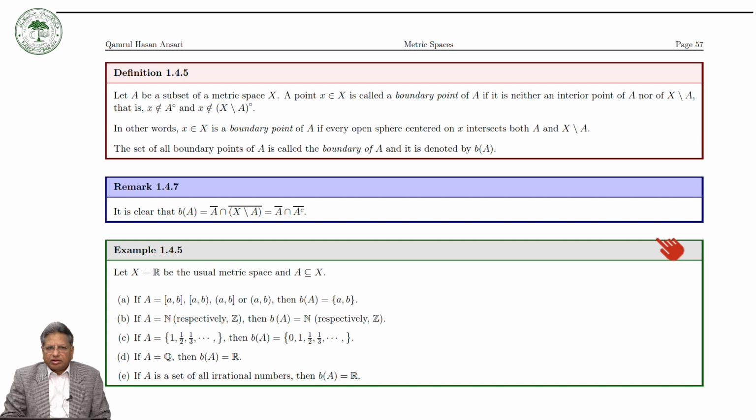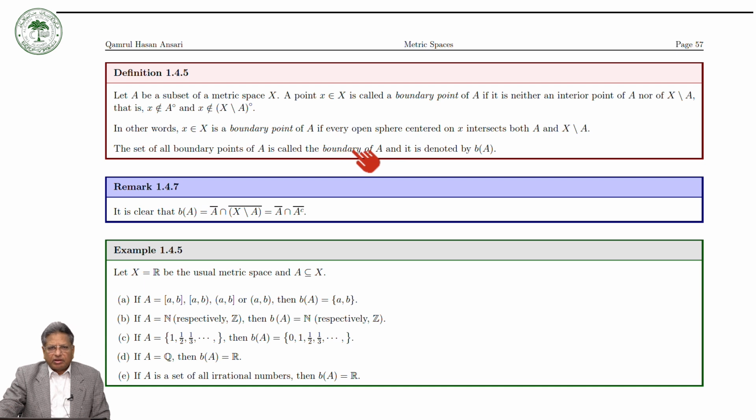So, again, I am repeating the definition. A point x in a metric space X is called a boundary point of a set A if it is neither an interior point of A nor an interior point of the complement of A. In other words, a point x is a boundary point of A if every open sphere centered at x intersects both A and its complement.